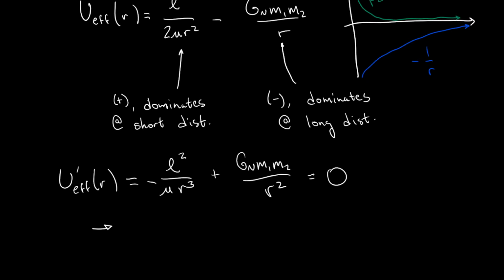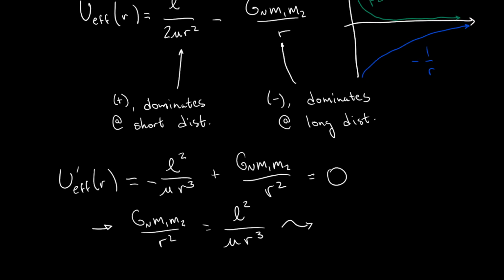And of course I can solve this however I want. I'll just move one term over to the other side, L squared over mu r cubed. But here's the thing.